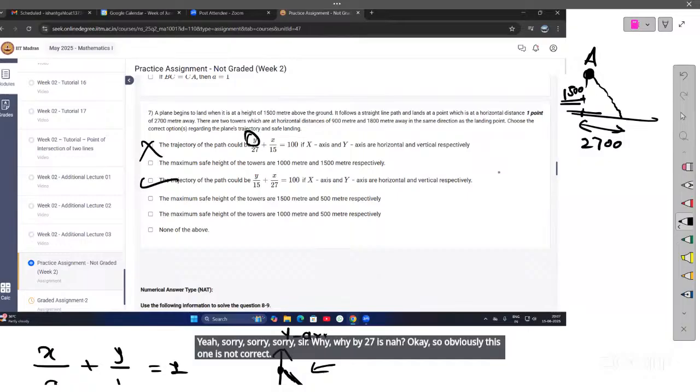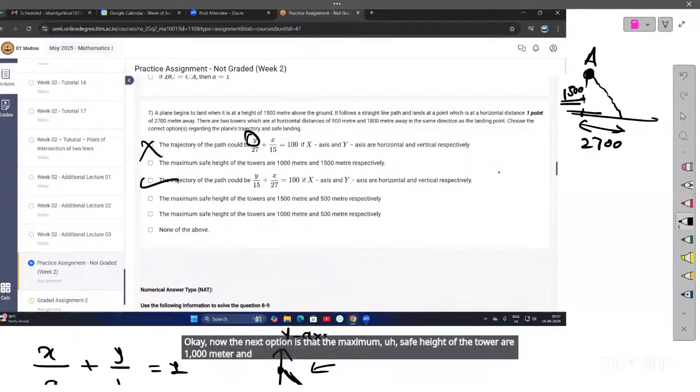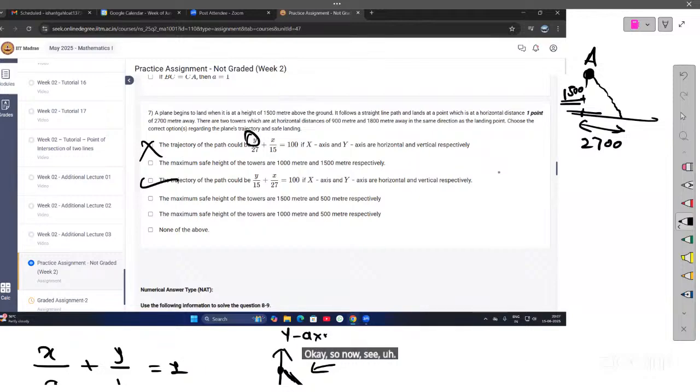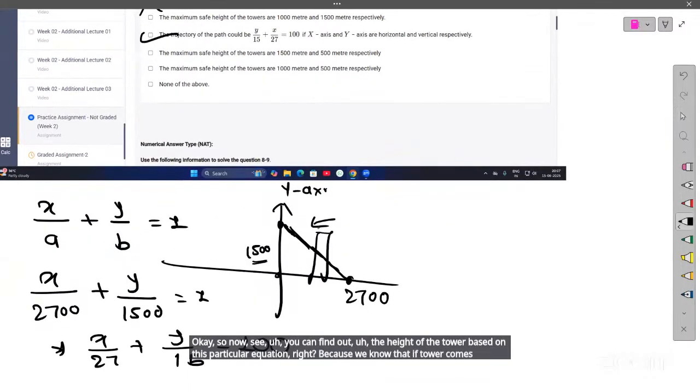Now the next option says that the maximum safe heights of the towers are 1000 meters and 500 meters respectively. You can find the height of the tower based on this particular equation, right? Because if a tower comes in the way, it is not safe because the plane can hit it.